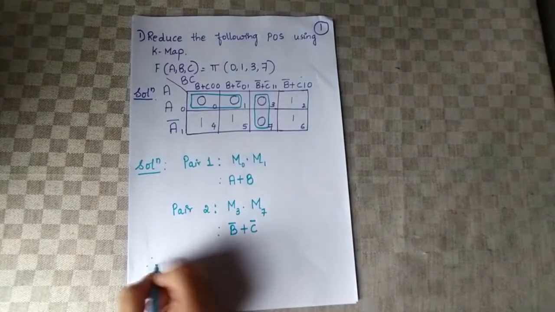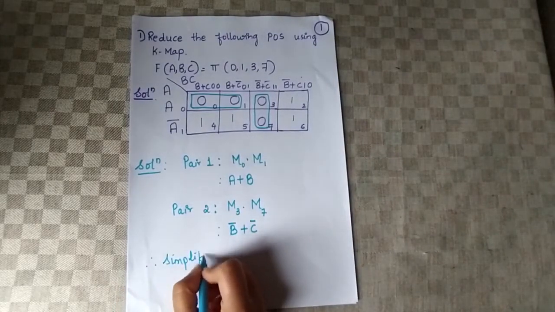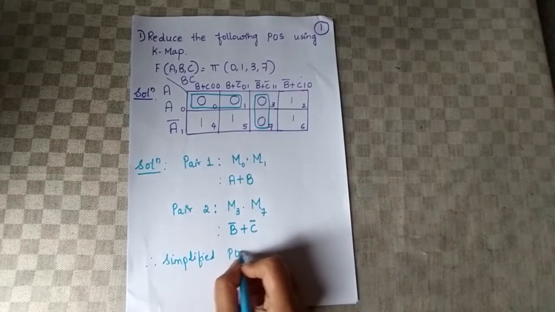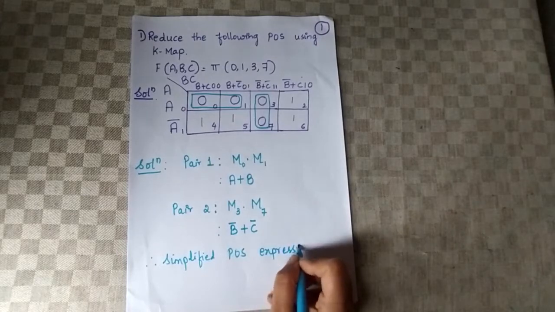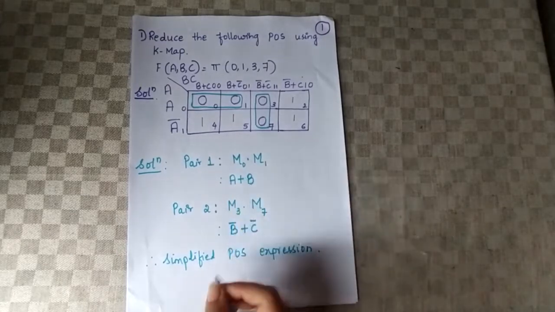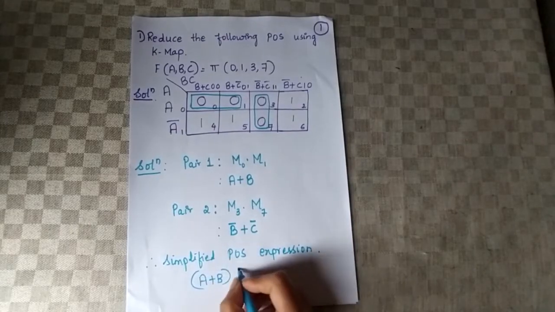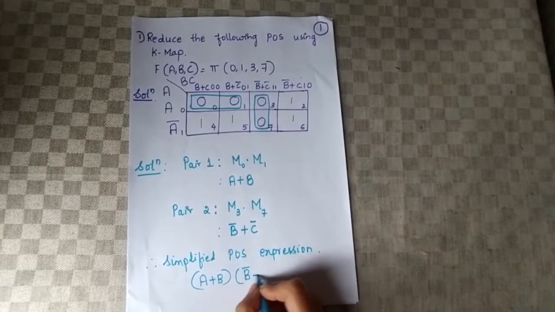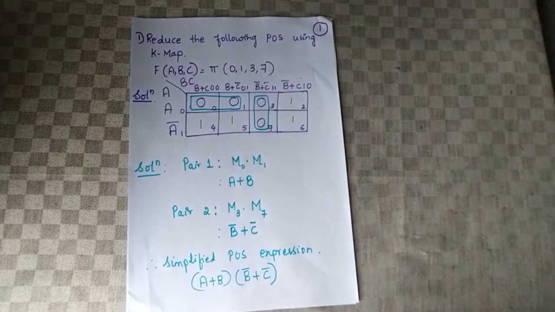So therefore, the simplified product of sum expression is A plus B into B complement plus C complement.